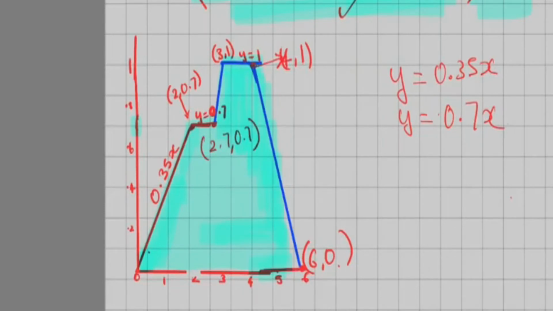The intersection of two lines you can understand, right? So this is A11, this first line, 0.35, and this is 0.7x.